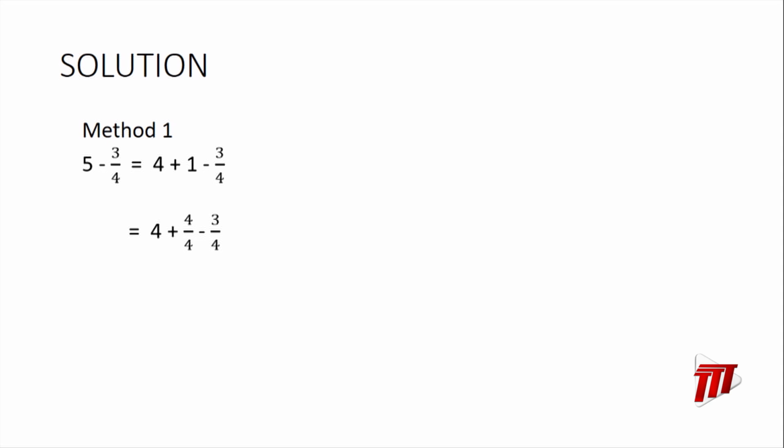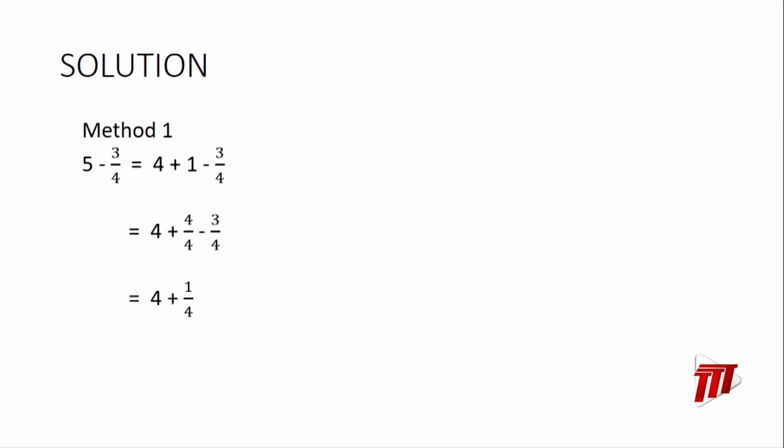Remember when we did subtraction of fractions, we checked to see if the denominators are the same. The denominators are in fact the same. So the subtraction would just involve subtraction of the numerators. 4 minus 3 would give us 1. So I will get 1/4 resulting from this, and we have the 4.